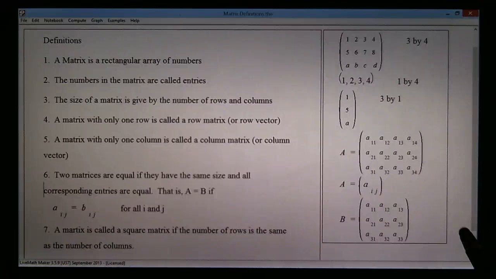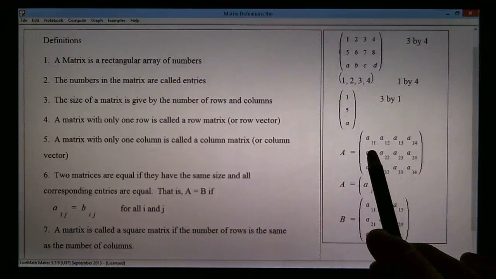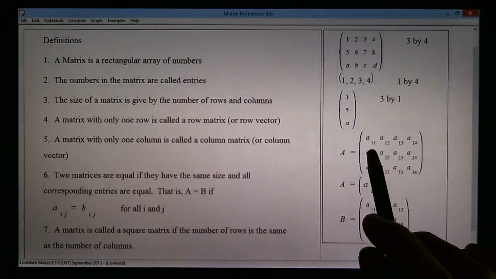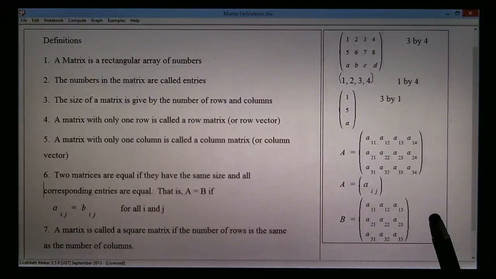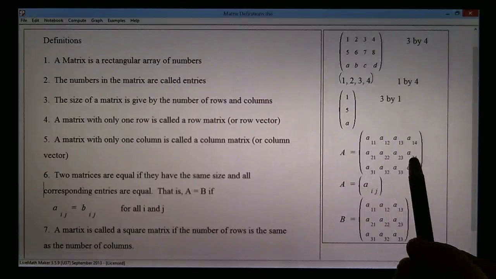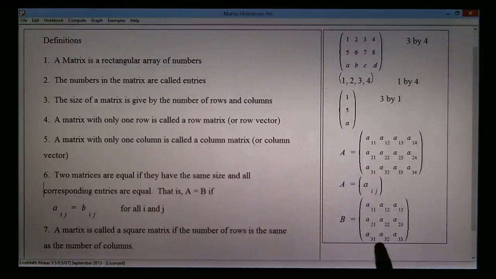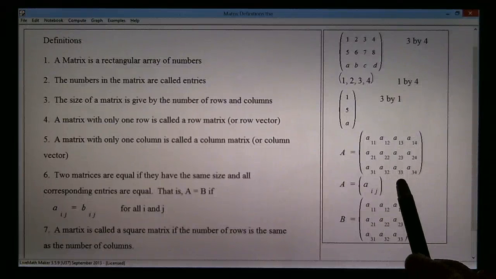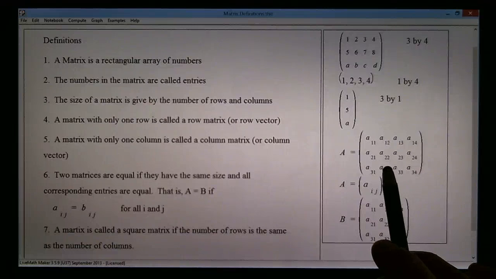It's got 3 rows, 4 columns, but I haven't assigned any particular values. The notation that we quite often use looks like this. We use capitals to denote the whole matrix. We use lowercase letters for numbers. Now these have little subscripts, so I'm using the subscripts to tell you where I am in the matrix. The size is always given by rows and columns. The subscripts are always representing rows and columns.